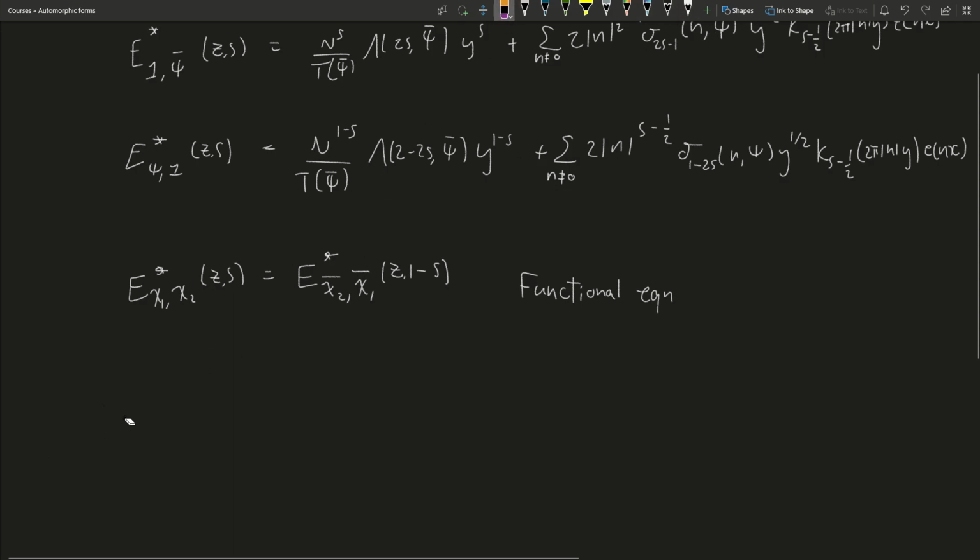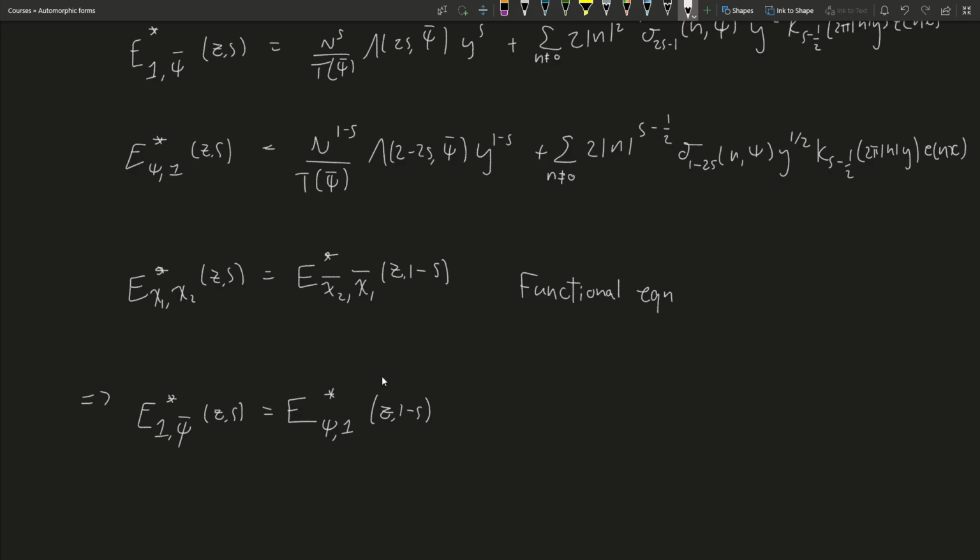What our functional equation is saying is that if we take the first thing that we have and apply the functional equation, we have to swap the order of the two characters and conjugate them. So of course one conjugate is just 1, psi bar is psi, and then here we have z, 1 minus s.